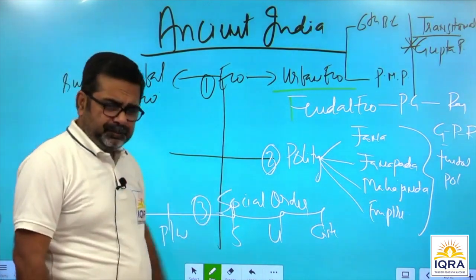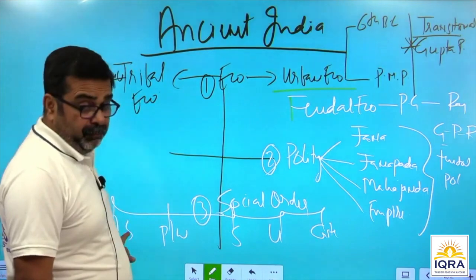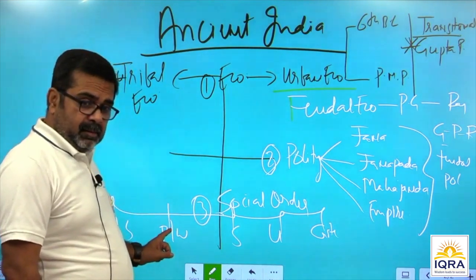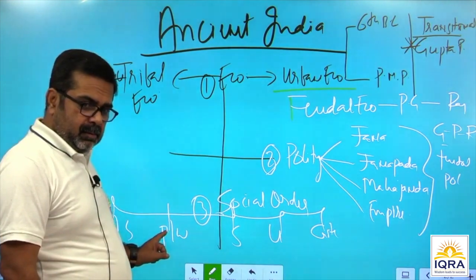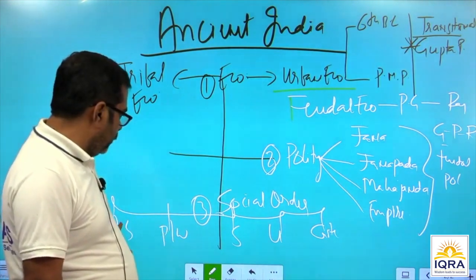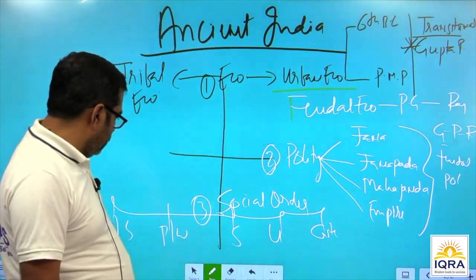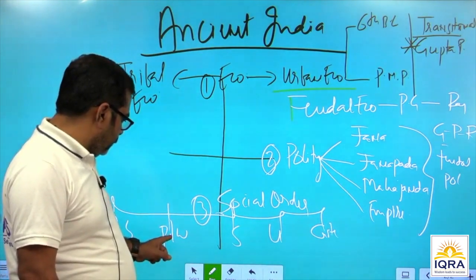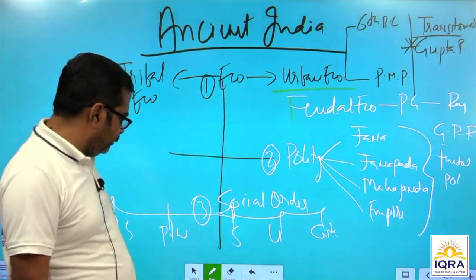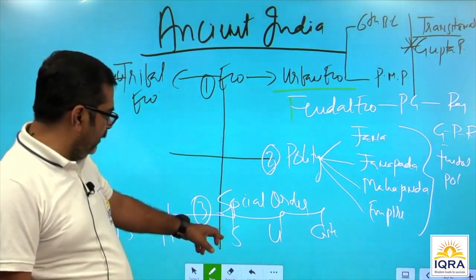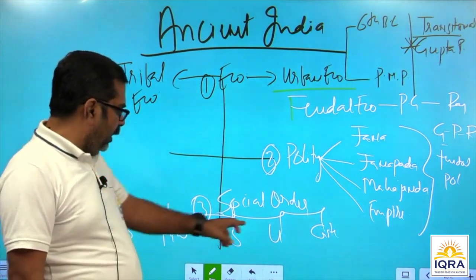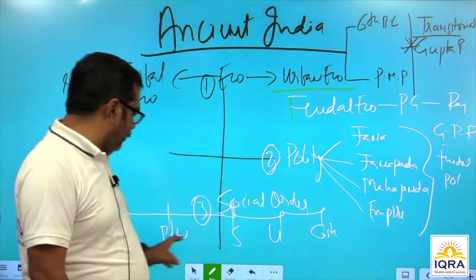Social order, Varna system, a very important part. Varna system, then slavery, untouchability, position of women.